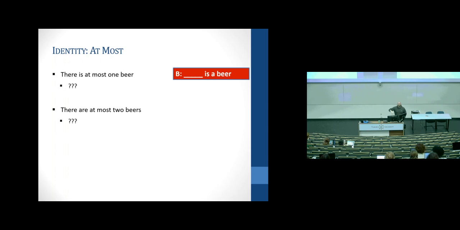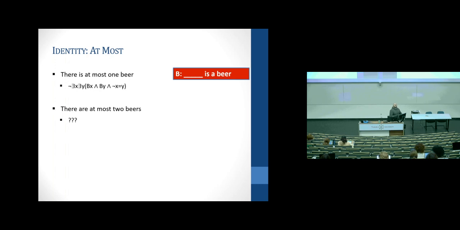But importantly, if there's at most 1 beer, it's not the case there's at least 2. So one easy way to do at most is literally just negate at least 2. If you're doing at most n, then you can say it's not at least n plus 1. Then you only need to know one structure.